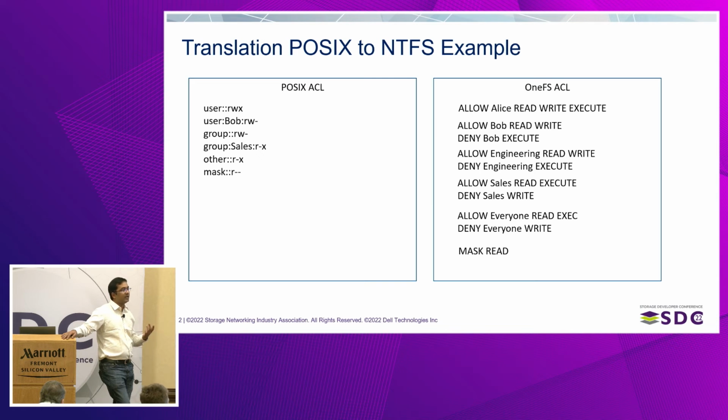But that doesn't mean that the order of evaluation always looks at denies first. In the NTFS world, the order in which the ACLs are evaluated strictly follows the order in which it is specified, right? So when you say that denies have precedence over allows, that's because the applications on Windows actually order it that way.